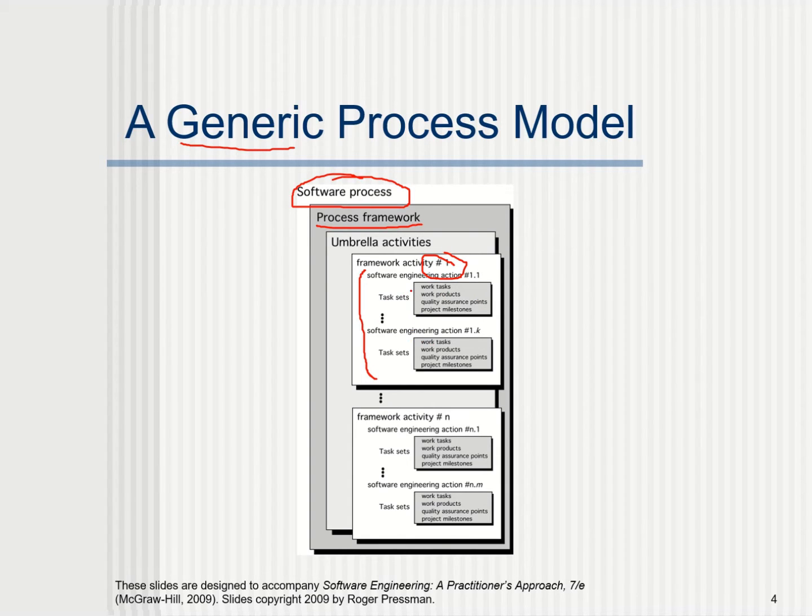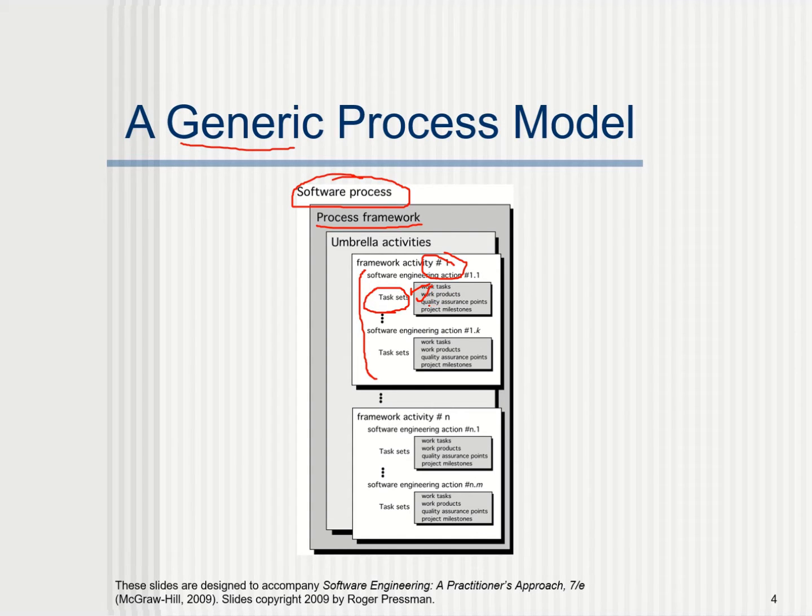And these actions are basically presented in the form of a task set. So the smallest element is a task set that is present inside an action, and a task set is further composed of work tasks, that are the objectives of your project, and then we have work products, that are the outcomes of different activities.